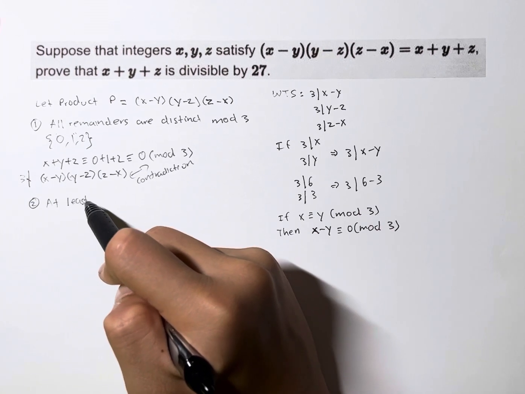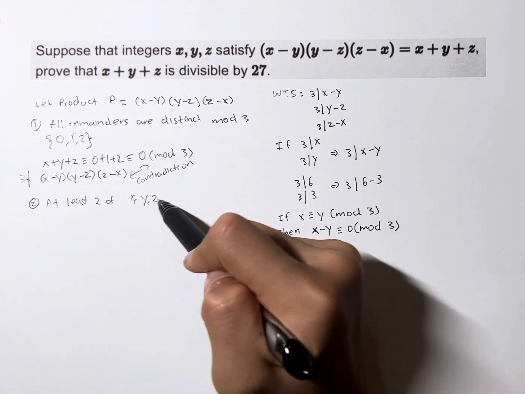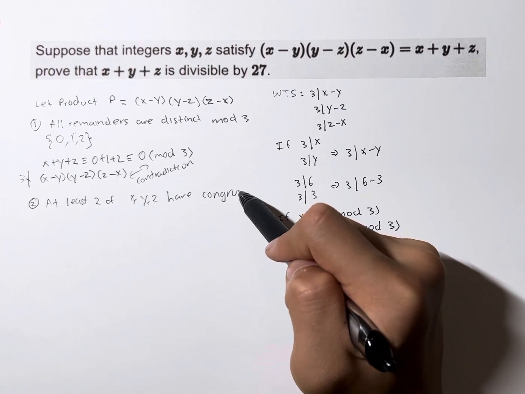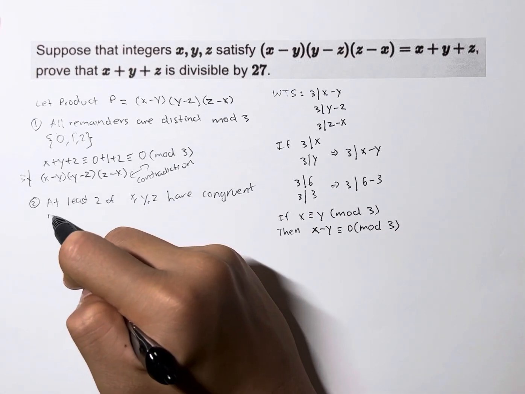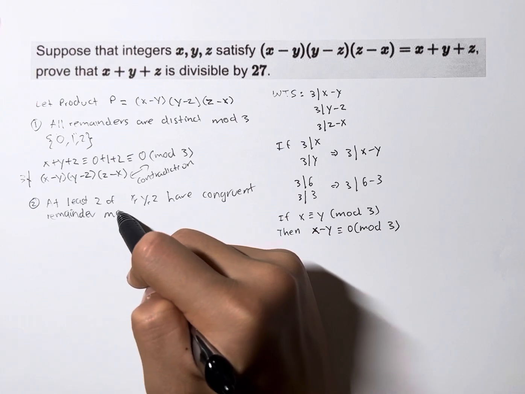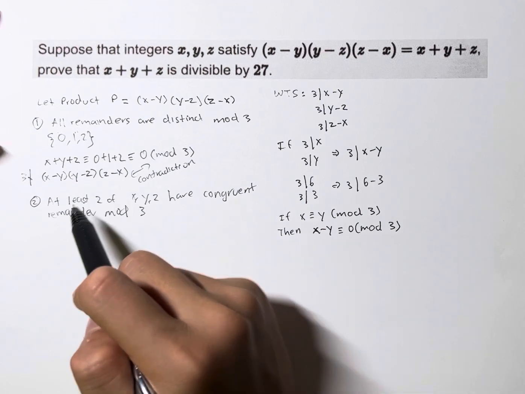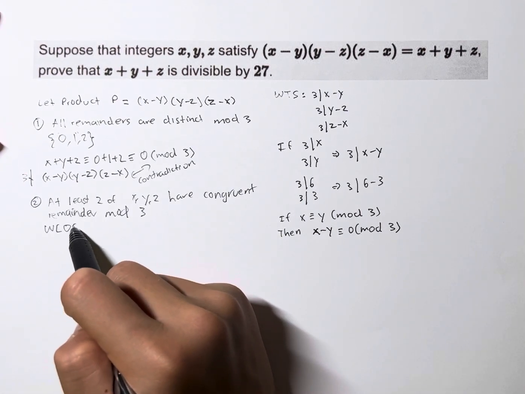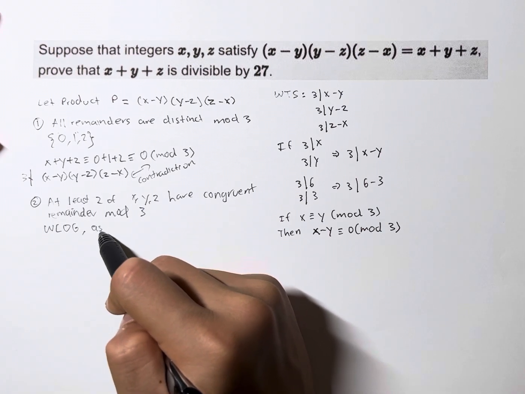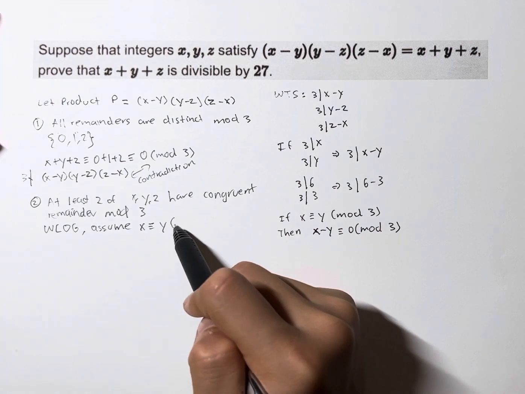At least 2 of x, y, z have congruent remainders mod 3. Now, without loss of generality, any scenario will work, but assume x is congruent to y mod 3.